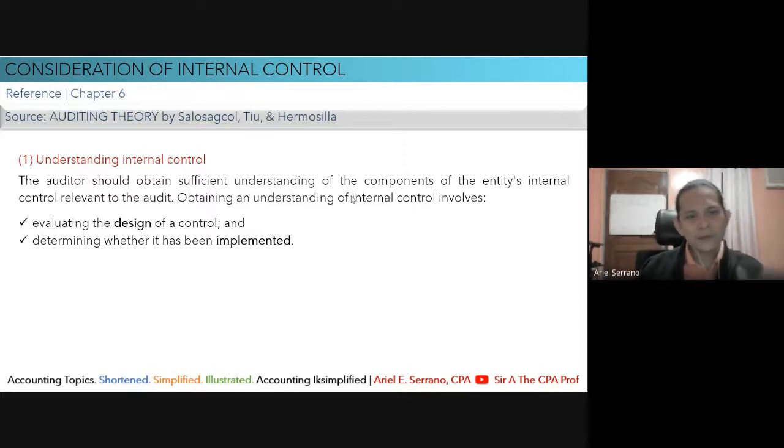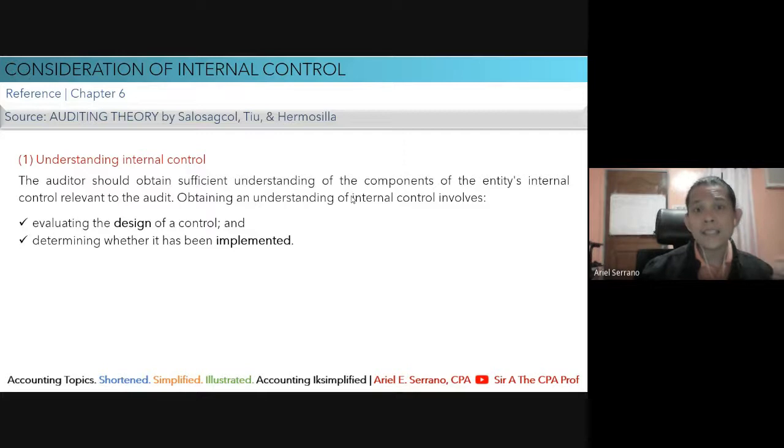Please take note, magkaiba yung design sa implementation because pag dinidesign natin, okay, we are conceptualizing ano ba yung mga controls. We are designing the control system. Pag implementation, ito na yung ini-enforce na natin ito. So, two things ang understanding natin. Evaluate the design. Okay ba yung design nito? Of course, on the part of the auditor, we are evaluating the design.